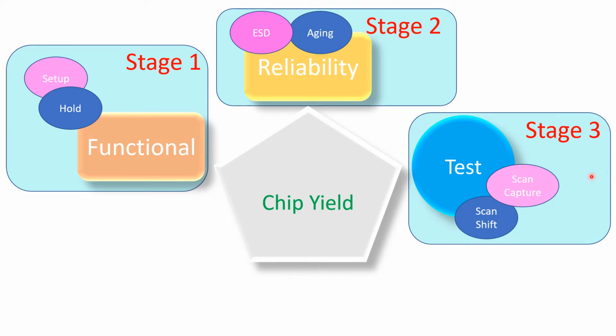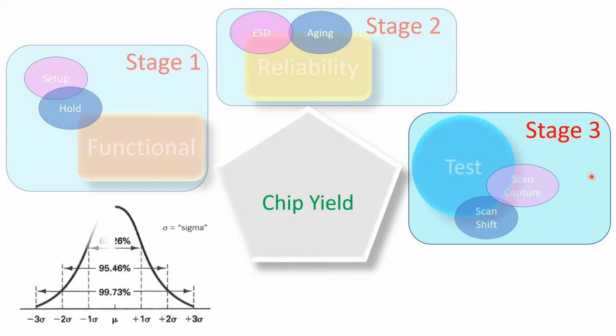So as we know, semiconductor fabrication process variation affects these stages. If you observe here, the standard deviation and the mean are calibrated in this way, and you can also figure out how the yield and the sigma depend on each other. So this is the perfect Gaussian distribution.